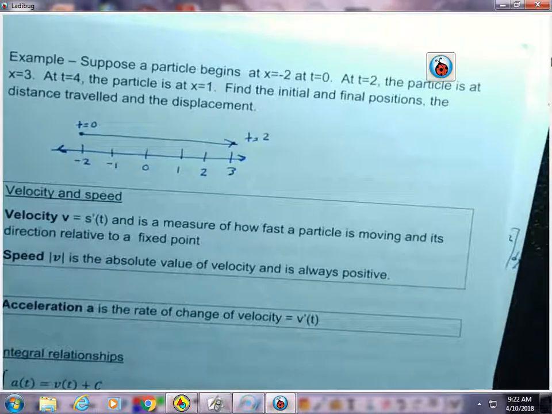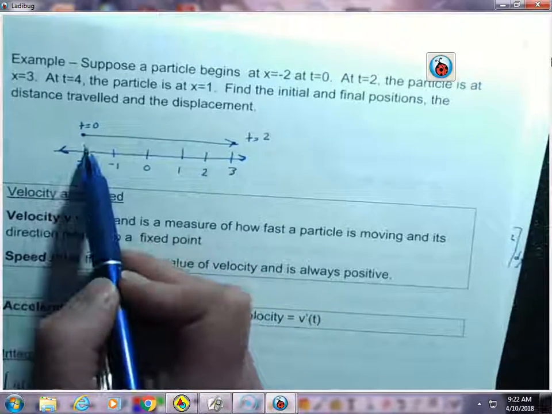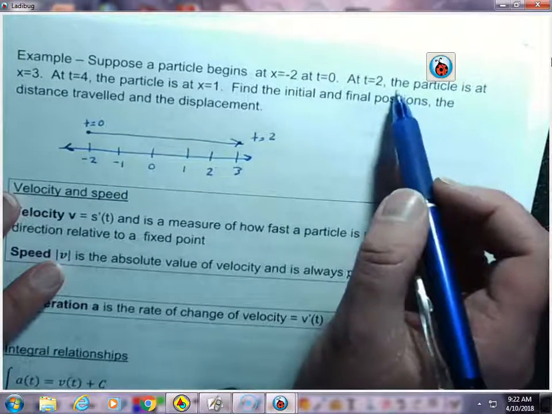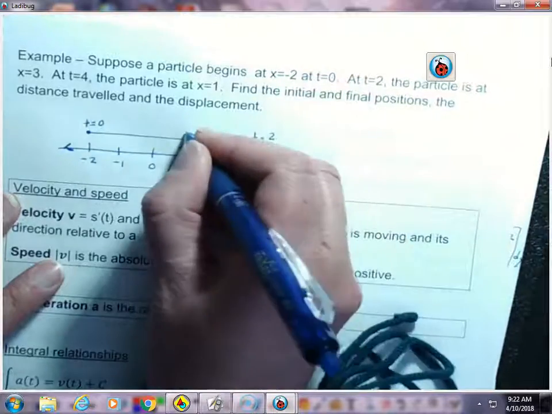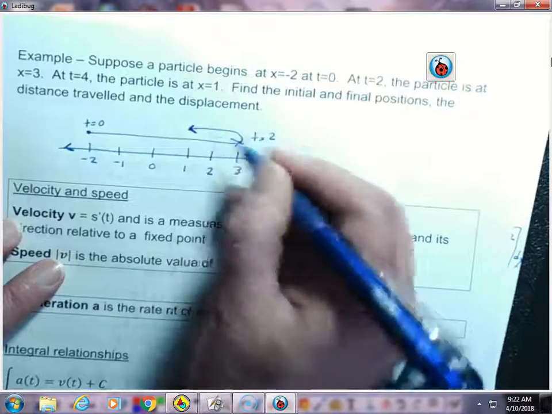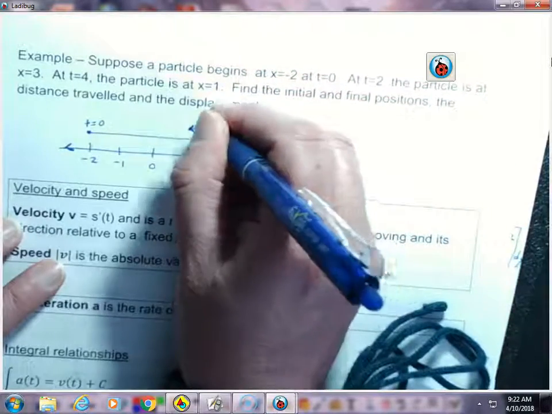The time tells me which way I'm going, but normally you don't actually write the times on there. It's just something I like to do. But it is standard to put the arrows so that you know you're going from here to here rather than vice versa. And then at time equals 4, the particle is at 1. Again, I'm going to do that above so that I'm not just zigzagging on top of the same thing.